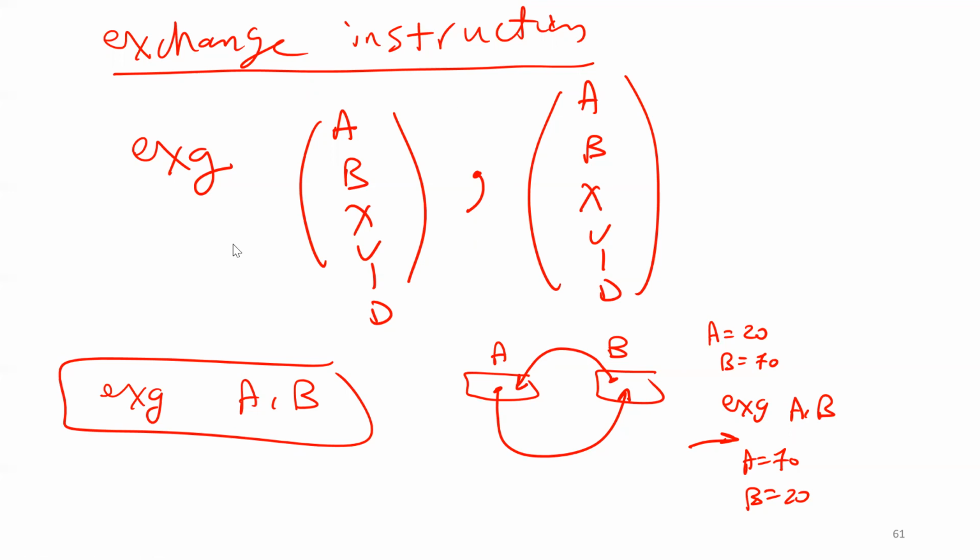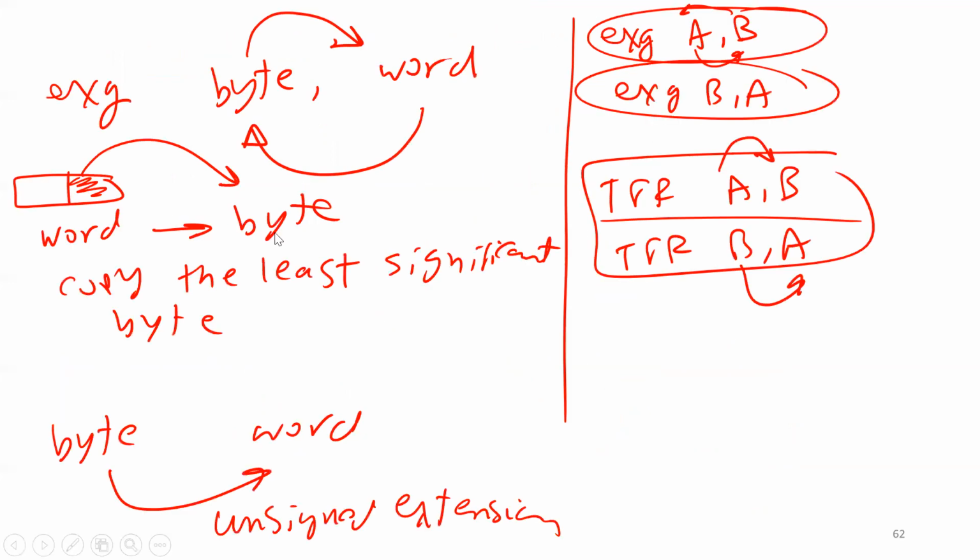Okay, so here I'm explaining how exchange is different from transfer. For example, look here, guys. When I say exchange A comma B or exchange B comma A, it's the same, right? No difference. Both of them are going to do the same thing.